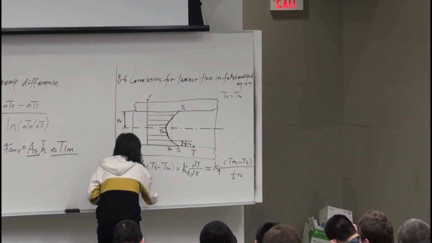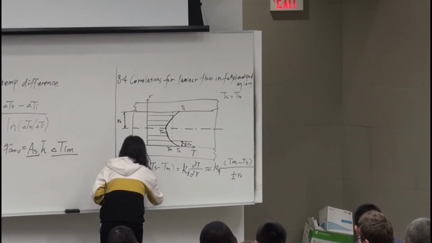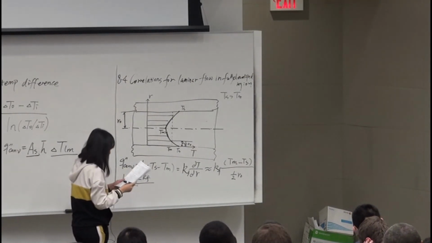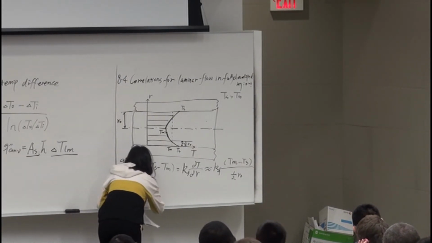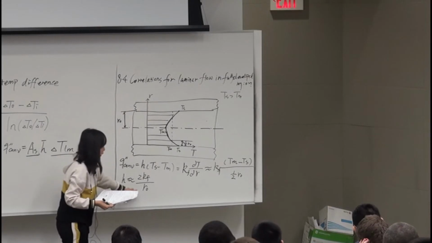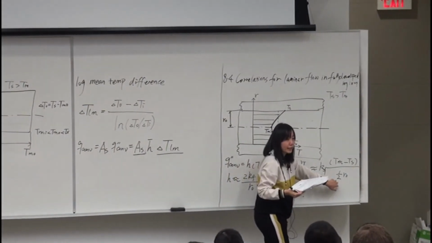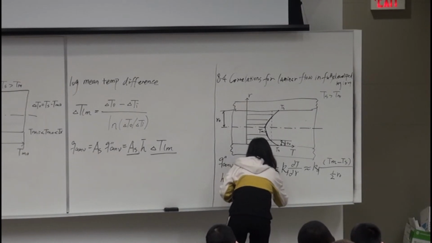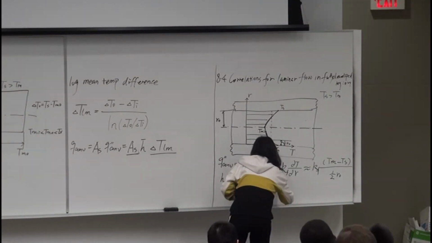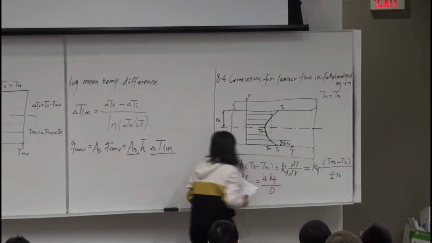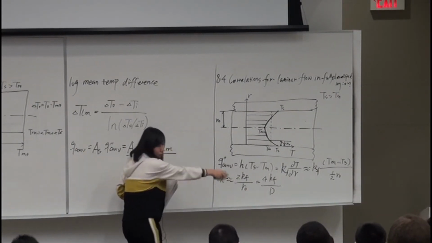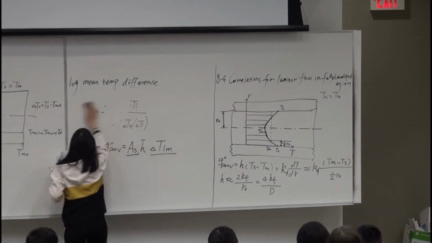It's more or less twice the thermal conductivity of the fluid over the radius. There is a half radius here, and the radius is half the diameter. So this is four times the thermal conductivity of our fluid over the diameter of the tube.